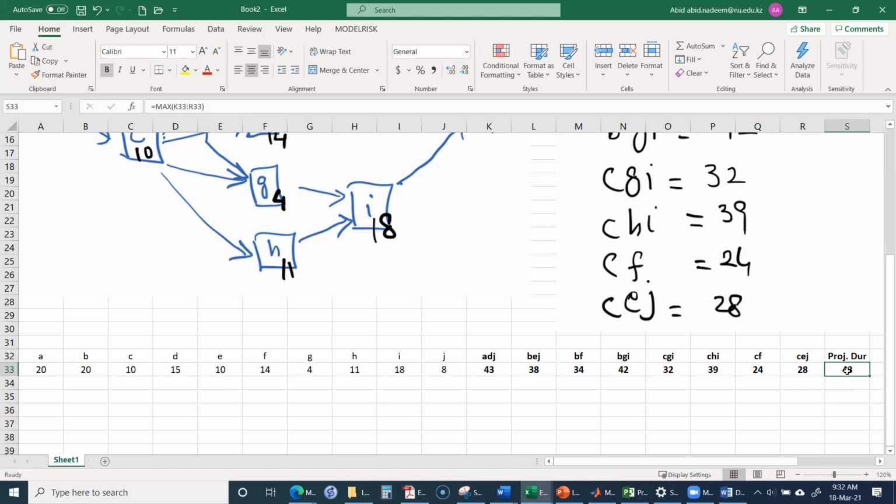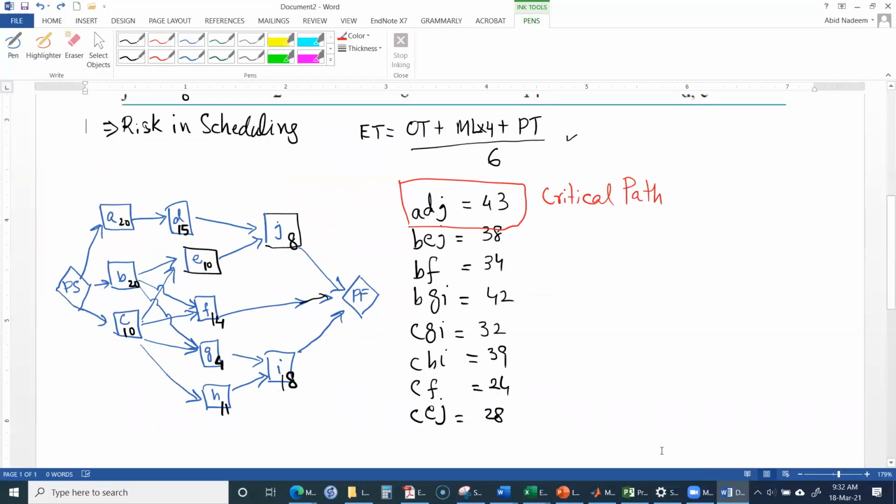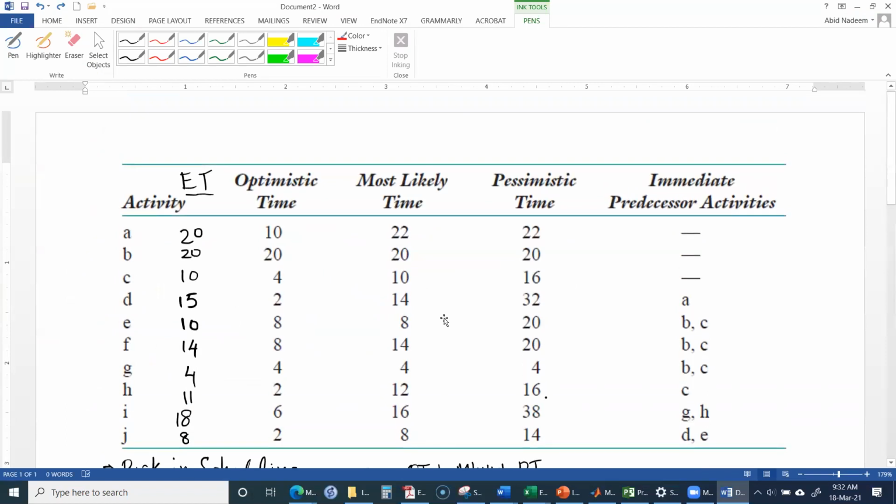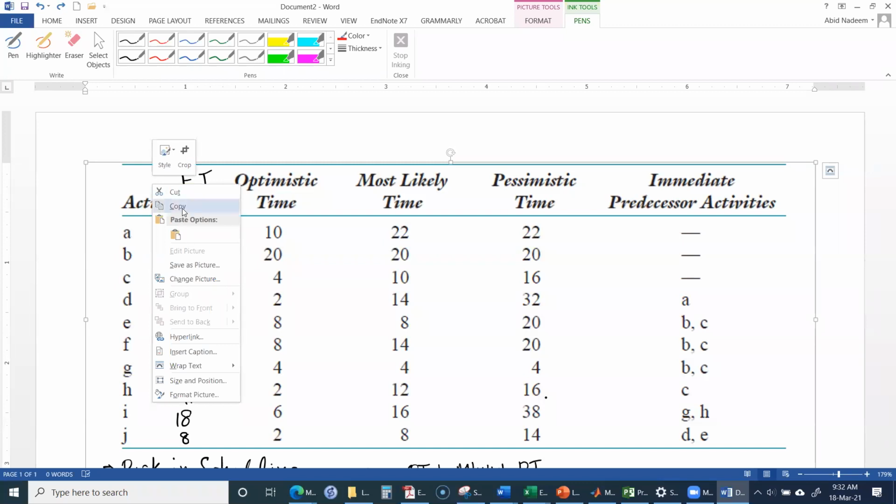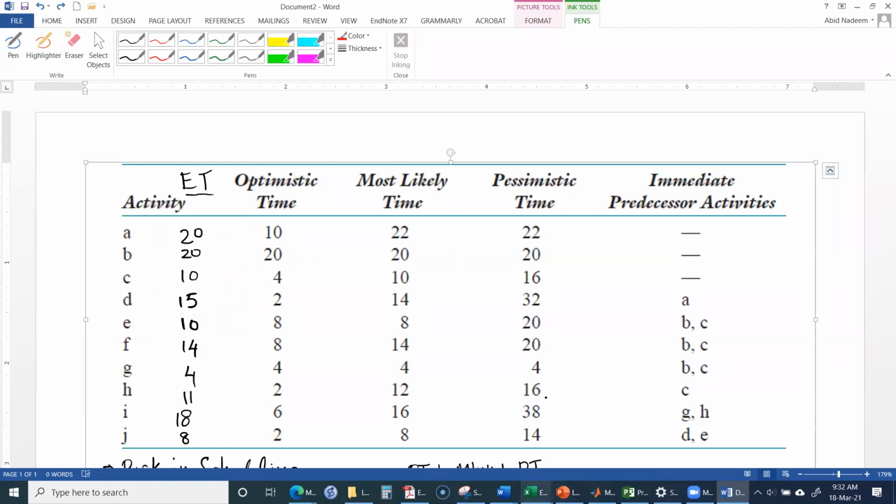And for this, I can use the model risk. But for this, I need to have these values, that is the distribution values over here. So it will be better for me to copy this data as well. Copy it over here.